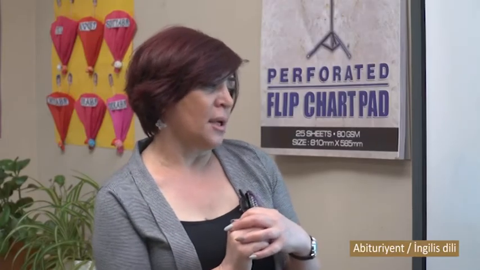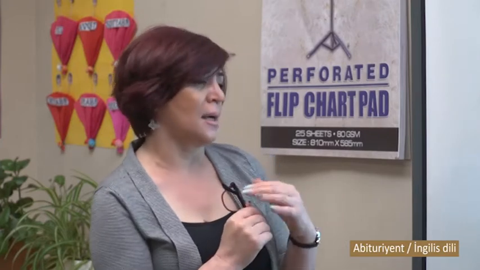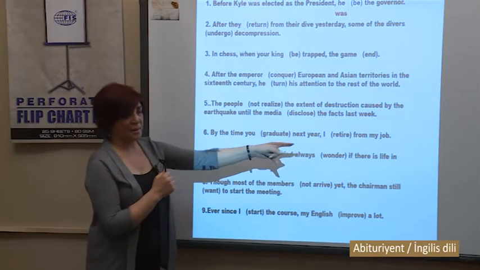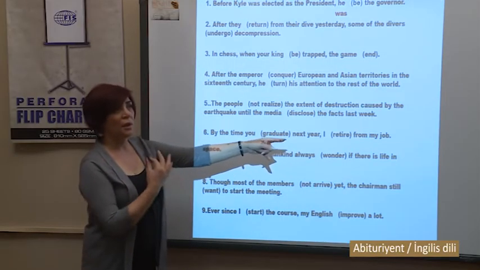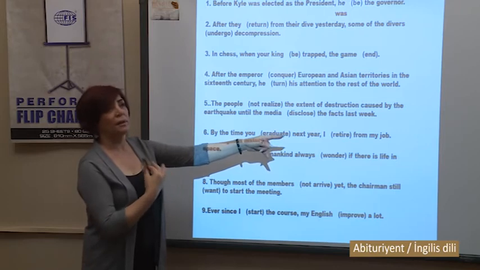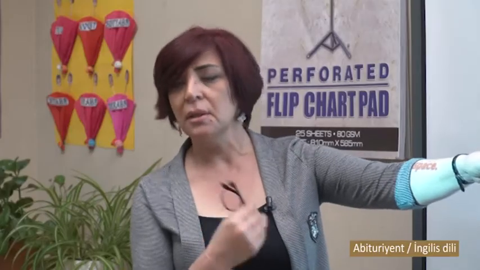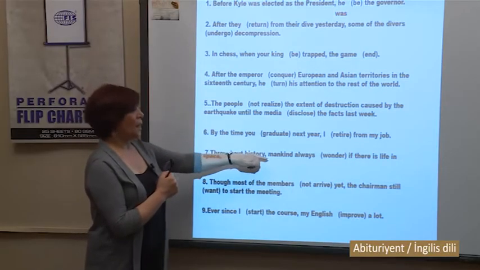Throughout the history, mankind always wonders if there is life in space. You see, if there is, our dependent sentence is in present. And if it is in present, what about this one?